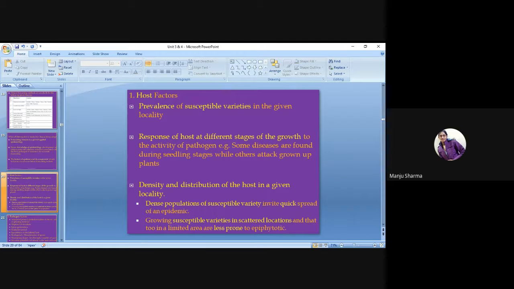Then the first factor is the host factors.